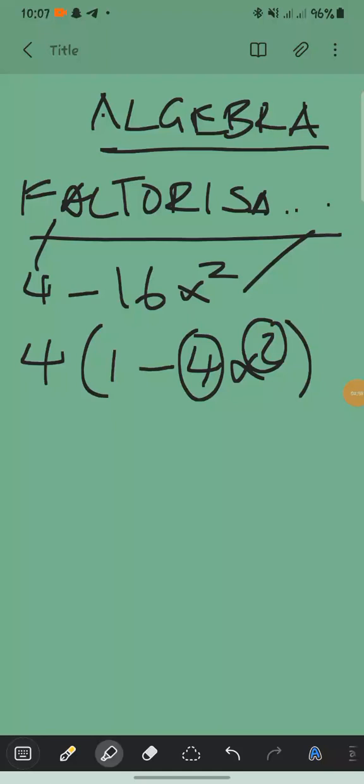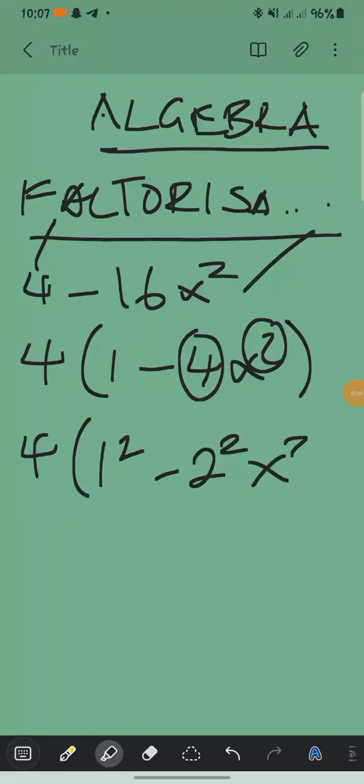Are we clear on this one? So from what we do here now, we say 4, open bracket, we square everything. We shall say 1 squared minus 2 squared times x squared, like this. So 1 squared is equal to 1, 2 squared is equal to 4, and we've got our x squared there.